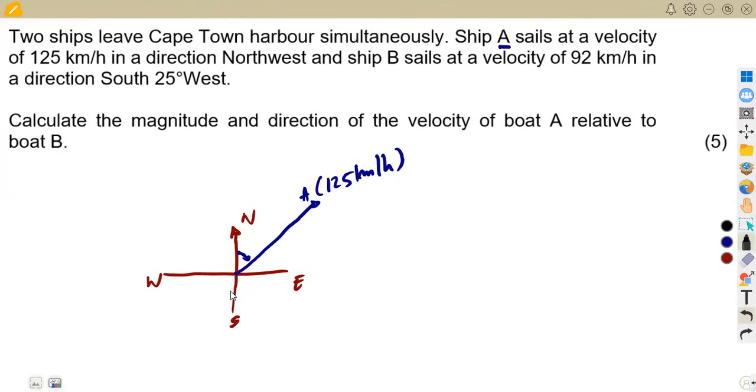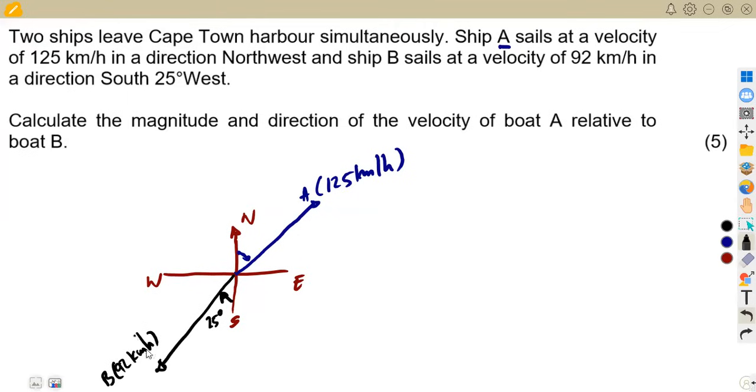So we are moving, in this case, south to the west. That is the direction that you're supposed to consider. So it's supposed to be somewhere here. All right, so that is moving from the south going to the west. We've got 25 degrees. That was exactly what you're supposed to have. This is our B at 92 kilometers per hour.